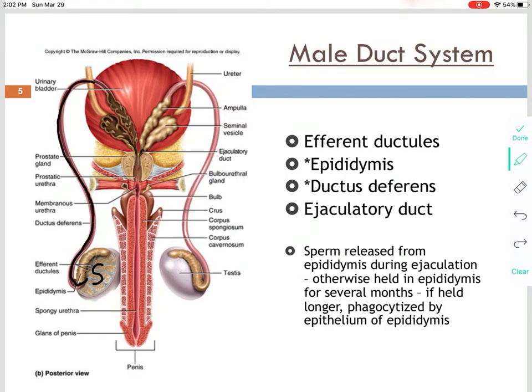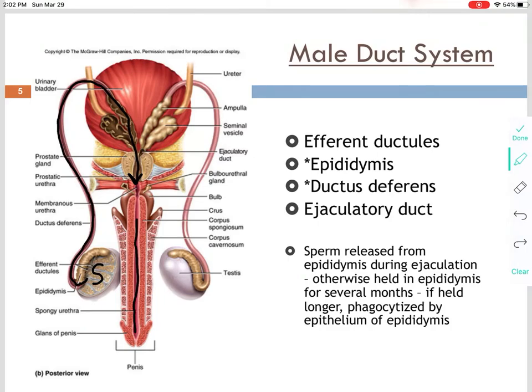Then we've got to get that sperm up into the body through a series of ducts, and then it continues through the body, and at the right time, if we want, we can ejaculate that fluid and impregnate a female. That's really the function of the male.